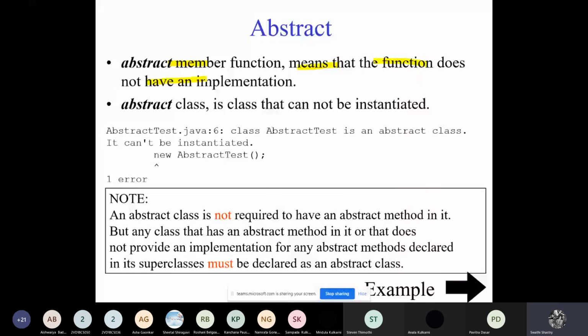If I declare void ABC as abstract, the ABC function will not have a body in that class. In the derived class, I have to define this abstract member function. Similarly, if a class is declared abstract, that class cannot be instantiated. Instantiated means you cannot create an object of it.